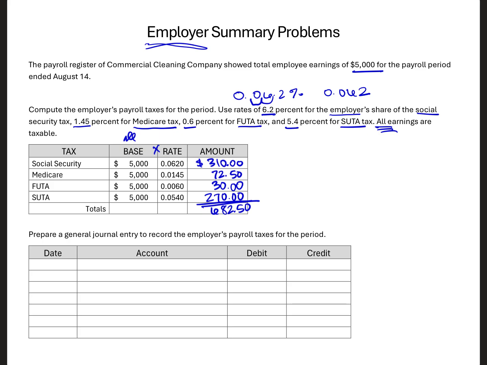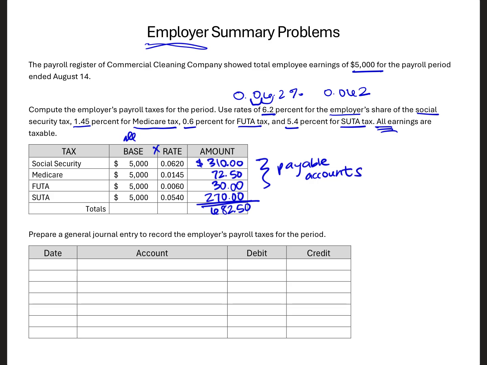All right, and then the next step is we would put this into a journal entry. We would simply take all of these and put them into payable accounts. And that's where they're going to be held until they are actually paid out to each entity.